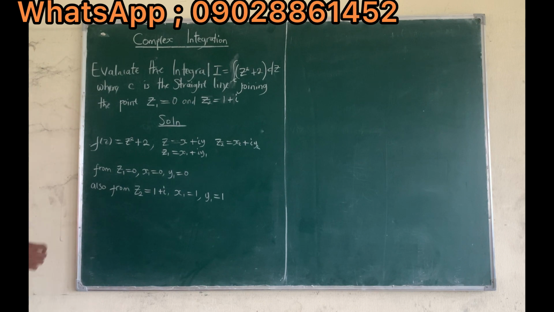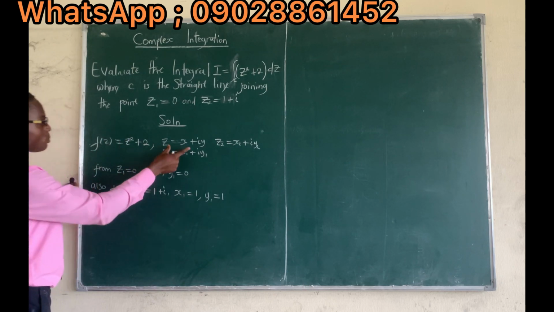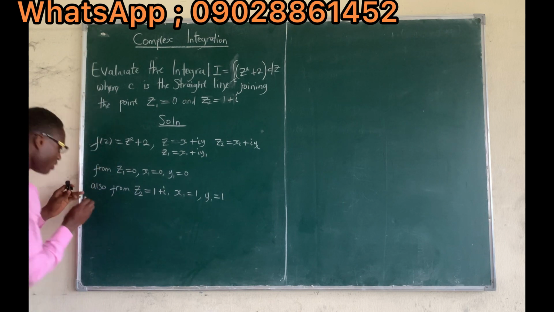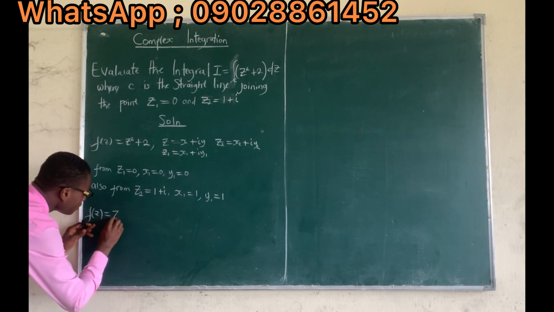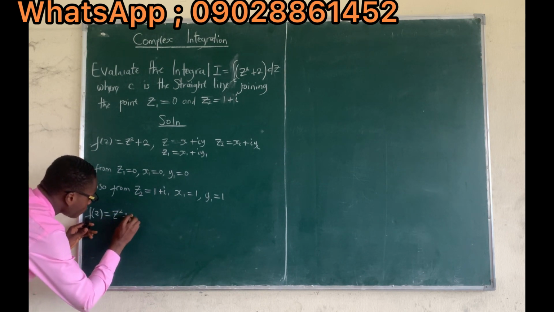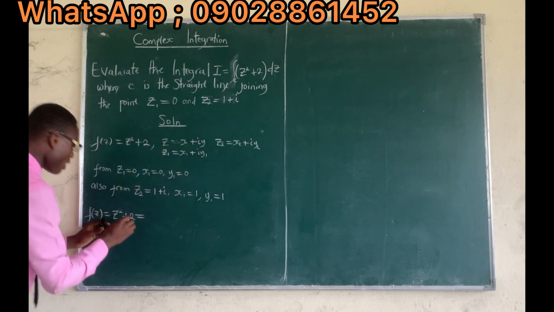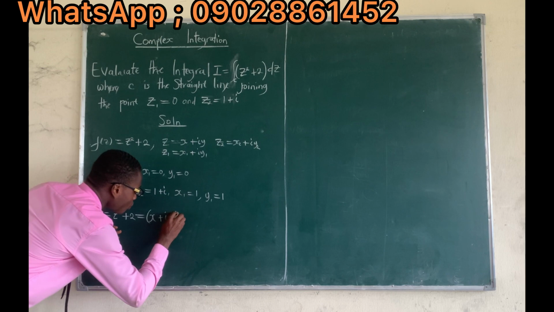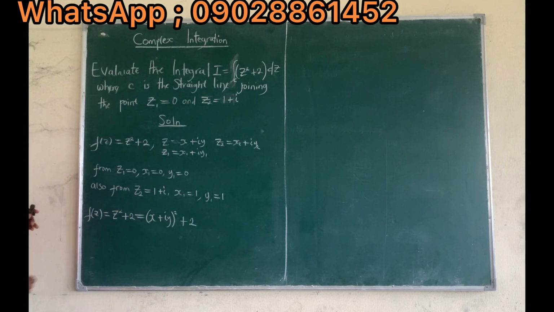So let's see how we can solve this problem. We have f of z equal to z squared plus 2. Let's put in z equal to x plus iy into f of z. So we are going to have f of z equal to z squared plus 2, and this will be equal to x plus iy all squared plus 2. Let's expand this bracket.